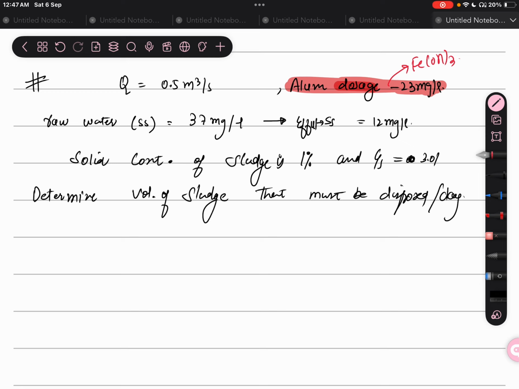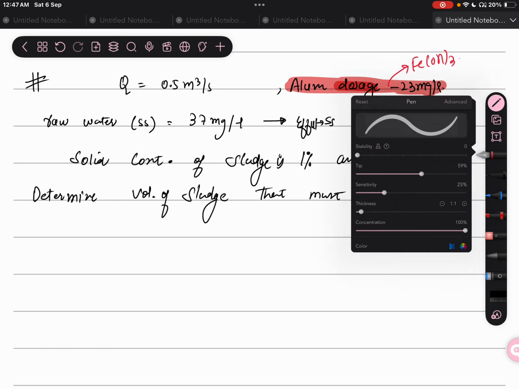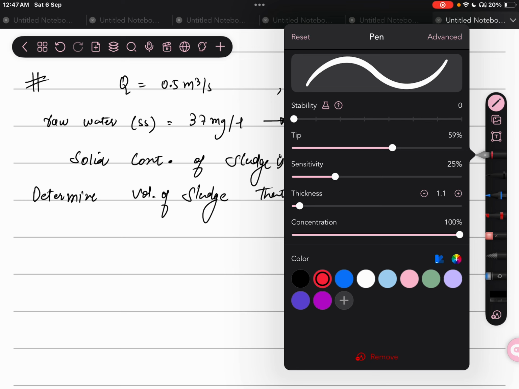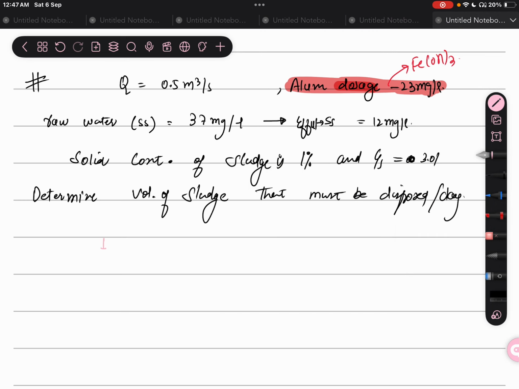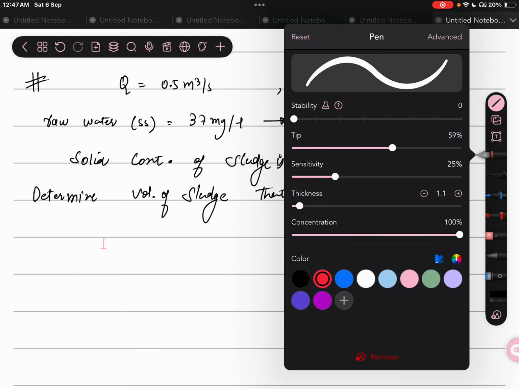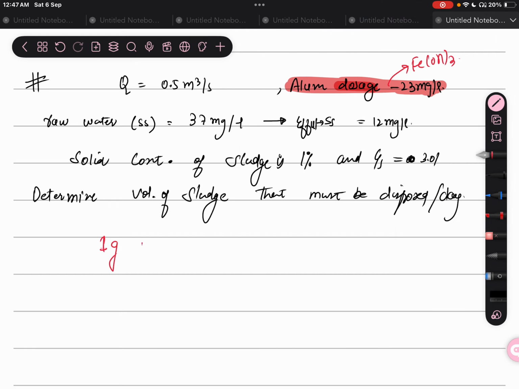And we know that 1 gram of alum produces 0.234 grams of Al(OH)3, which will precipitate.